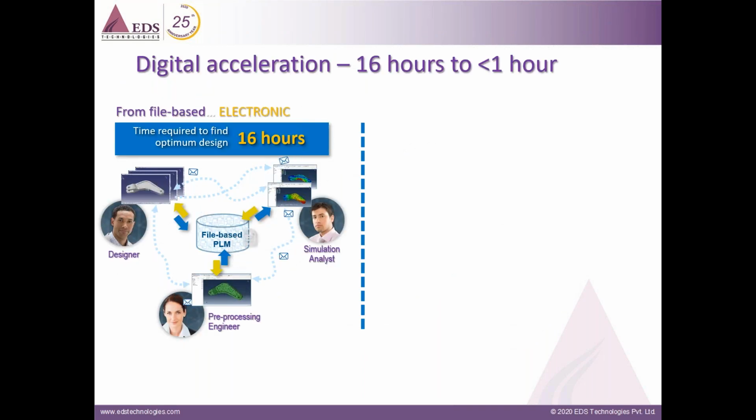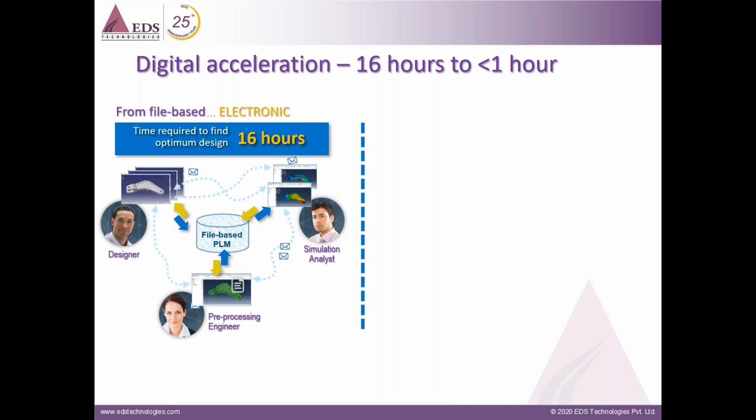I'll take an example of a typical traditional business process, wherein a designer is using CATIA V5, there is a pre-processing engineer who makes use of HyperMesh, a simulation analyst, and then a person who is using Abaqus as well.